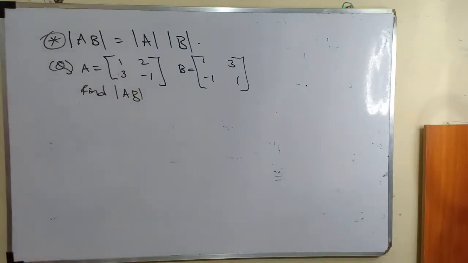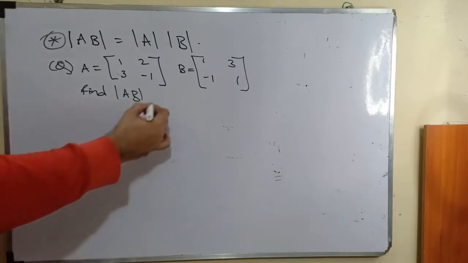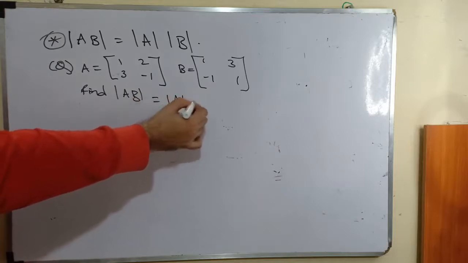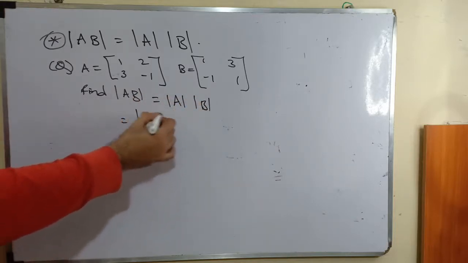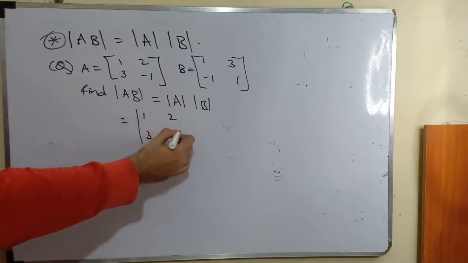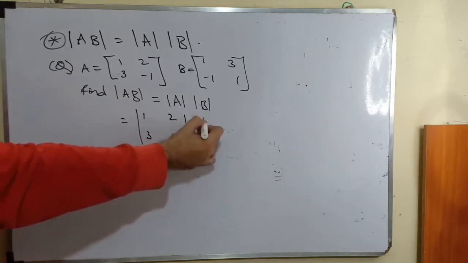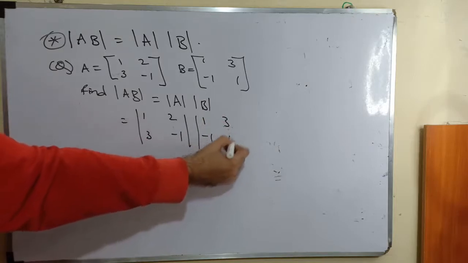See, the natural tendency is that we'll multiply these two matrices and then we'll try to solve the determinant. But if you do that, you will lose time. So what we do here is find det A and det B individually and then multiply those two. So det A is 1 2 3 minus 1 and det B is 1 3 minus 1 1.